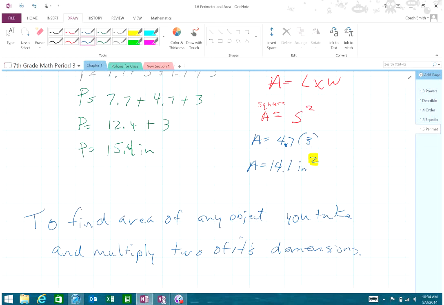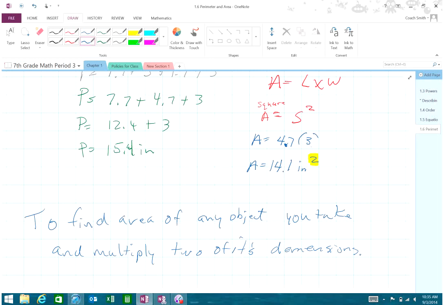Okay? Area is two dimensions multiplied together. When you figure volume of something, for example, the volume of this, now it's a lot more complicated. It's a lot more complicated formula for this because it's a sphere. It's not like a square. But let me see here.